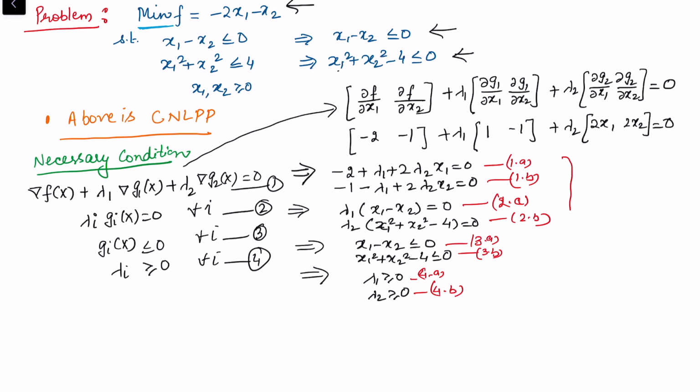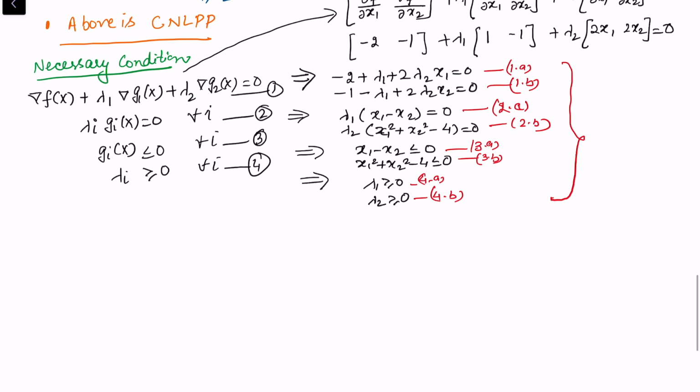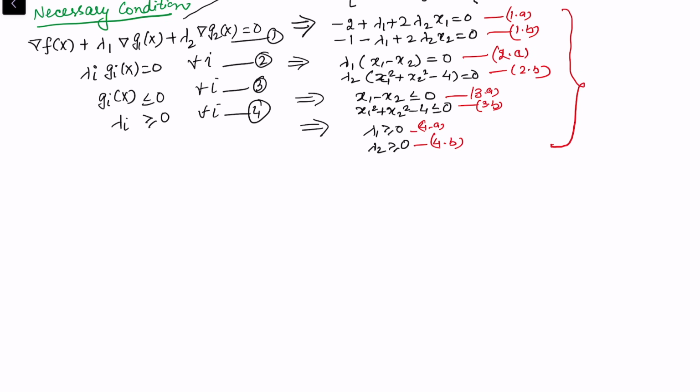So now we want to solve for x1, x2 which satisfy all these conditions, and that becomes the point of global minima. For that solution purpose, we will start by looking at 2.A and 2.B, and from there we will have four cases.